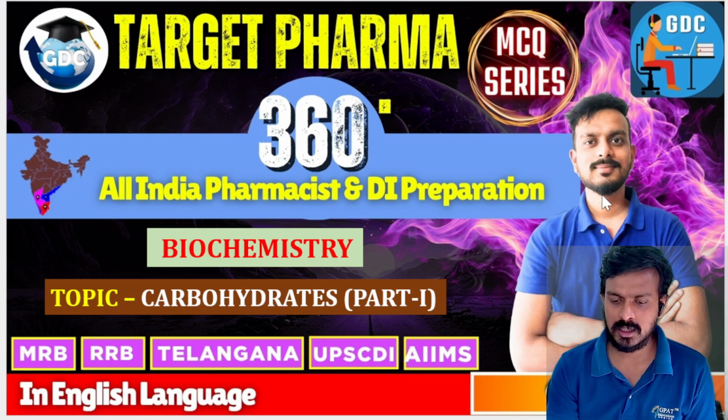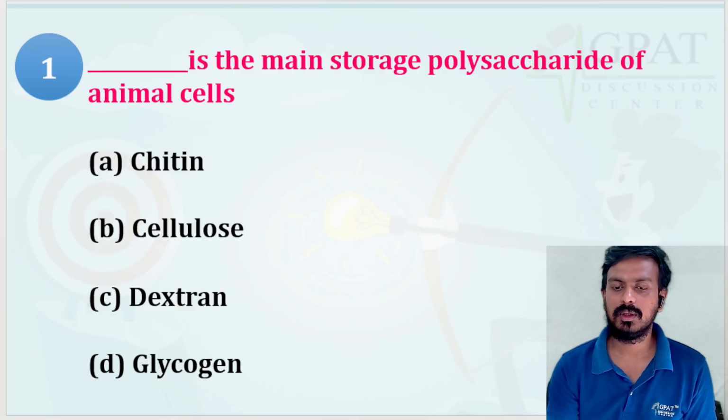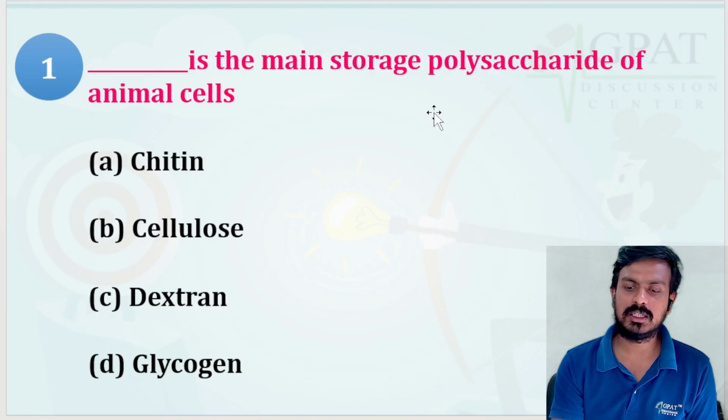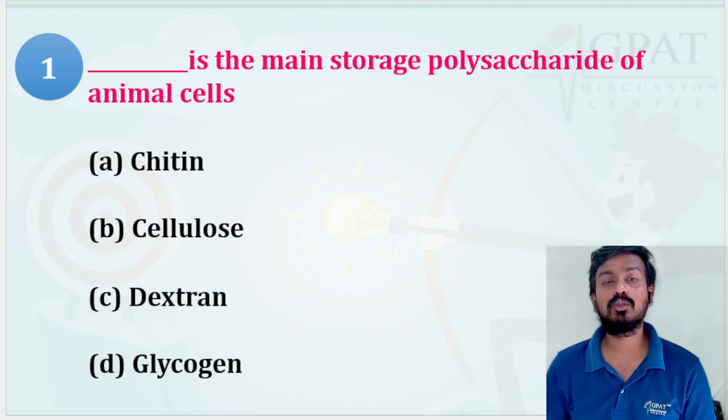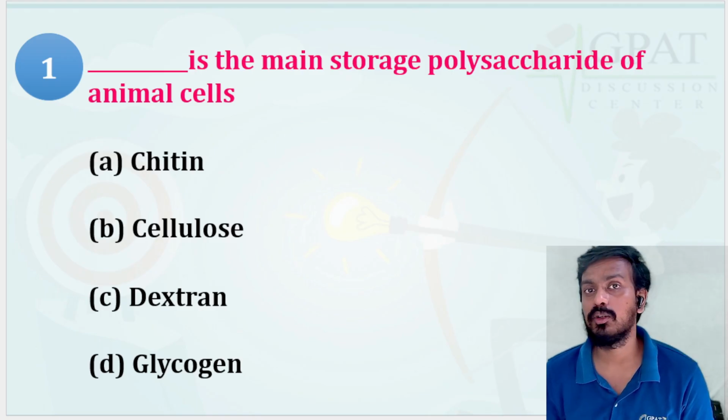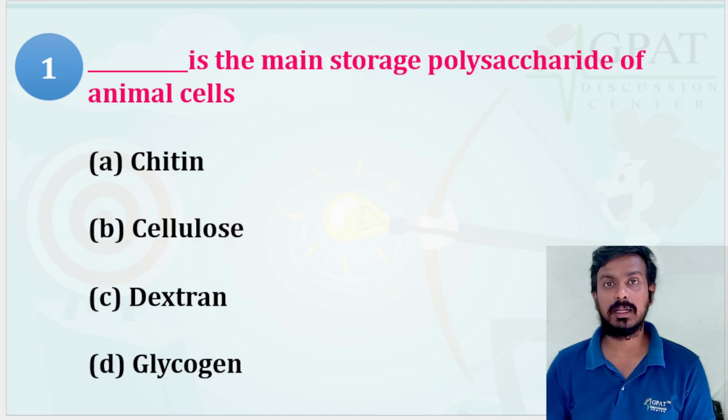The first question is: which dash is the main storage polysaccharide of the animal cell? Polysaccharides are made up of multiple monosaccharides joined by glycosidic bonds.